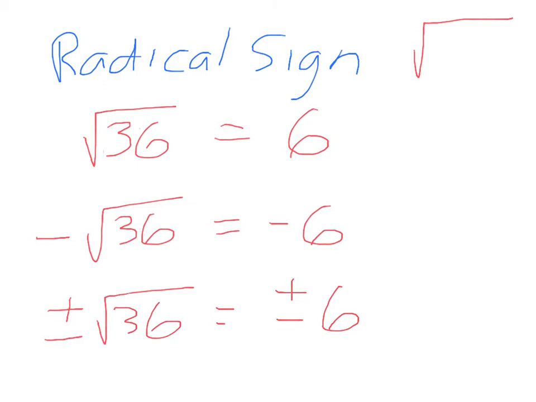The one thing you have to be careful of, you can never take the square root of a negative number. Because try to find a number times itself that will give me negative 36. You might say, oh, well, 6. Well, 6 times 6 is positive 36. Doesn't work.